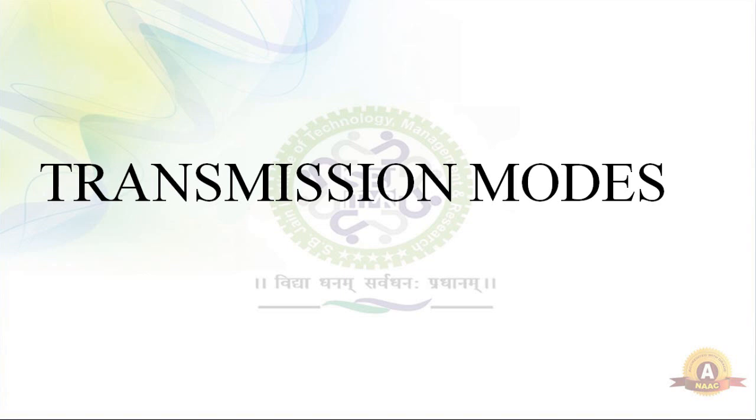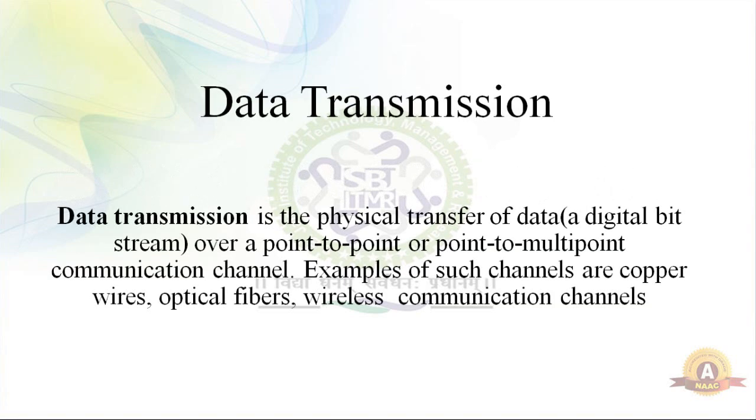In this transmission mode, first of all we discuss data transmission. Data transmission is the physical transfer of data. Physical transfer of data means the data is transferred through wired or wireless media, as a digital bit stream.